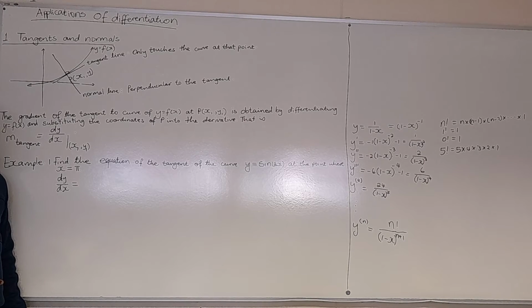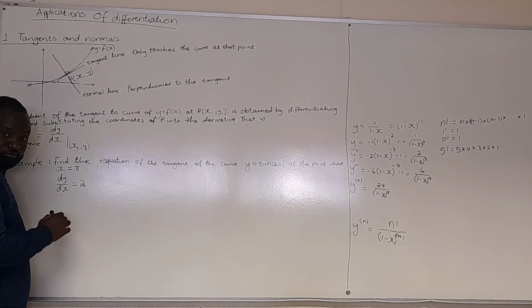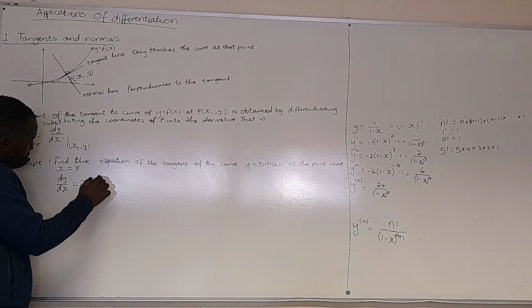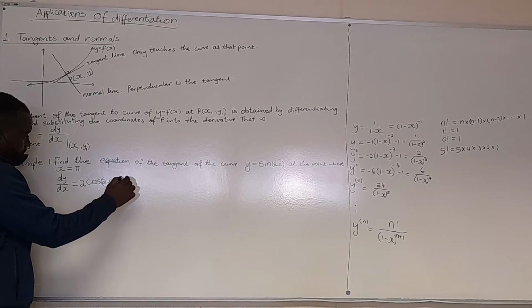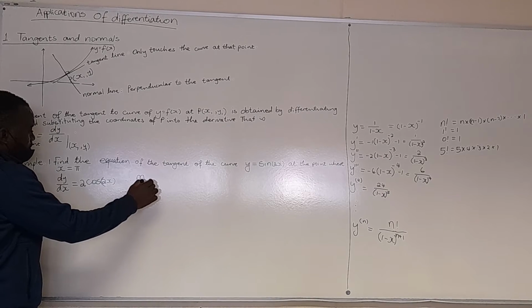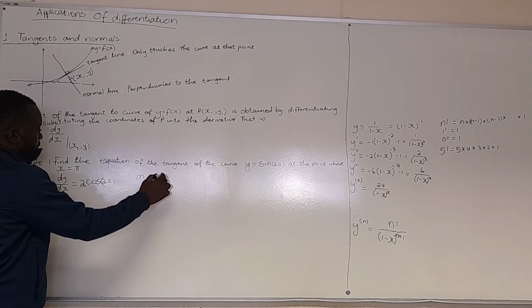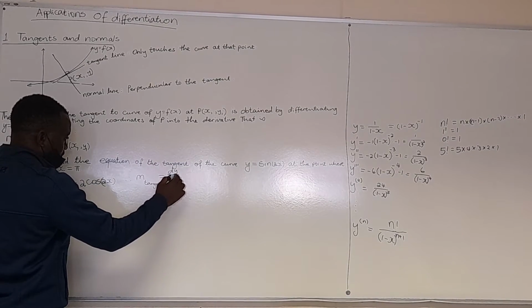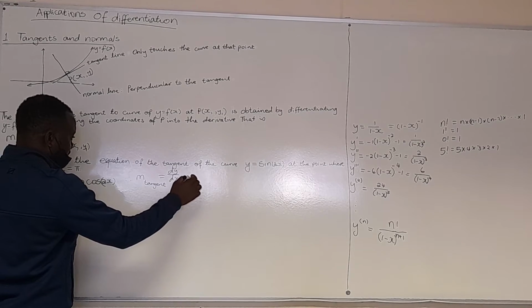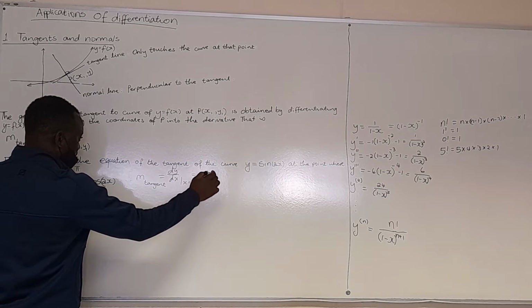2 cos 2x. So that is the derivative. So the gradient of the tangent will now be given by the derivative when x is equal to pi, and that means you substitute pi into the derivative.